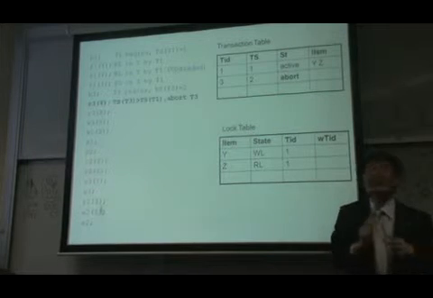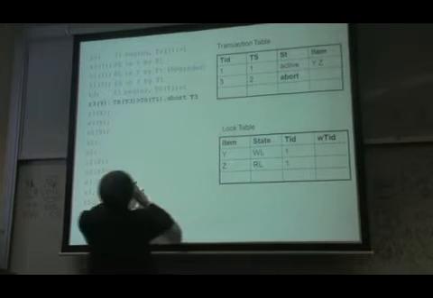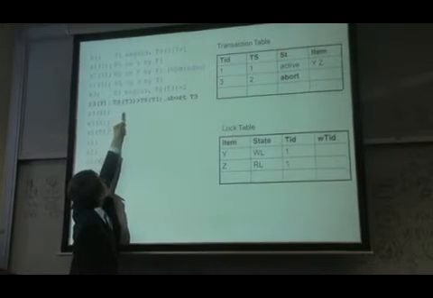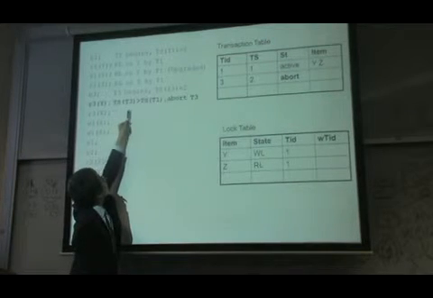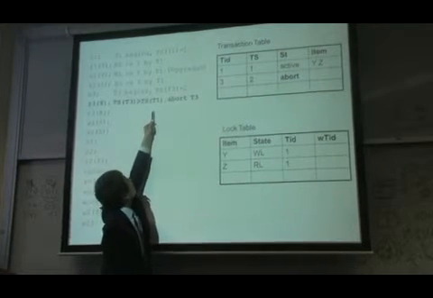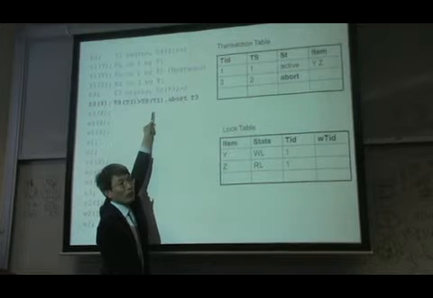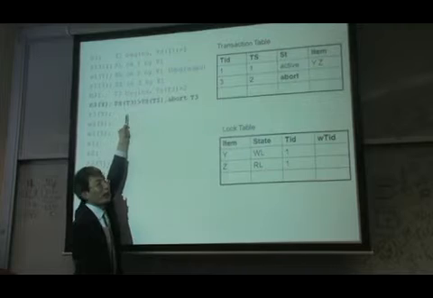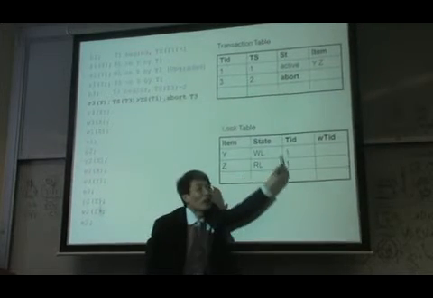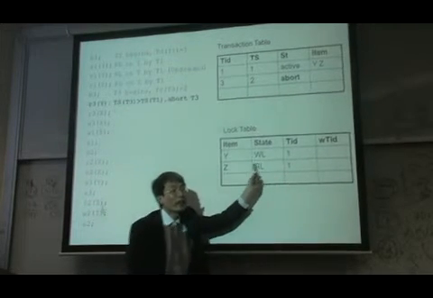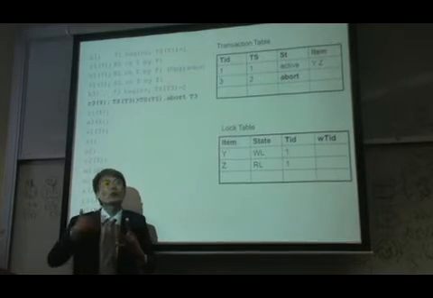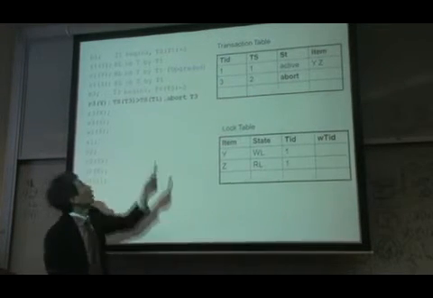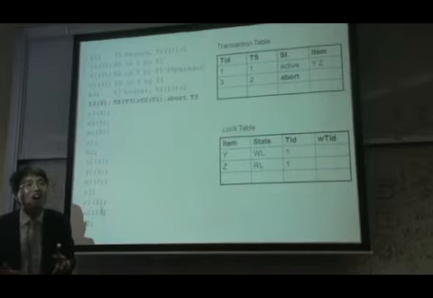How? Using the wait-die algorithm. In this case, transaction 3 is younger than transaction 1, which means T1 is first and then T3. T1 already got the lock, so it has the responsibility on that data item, which means the younger one should die.